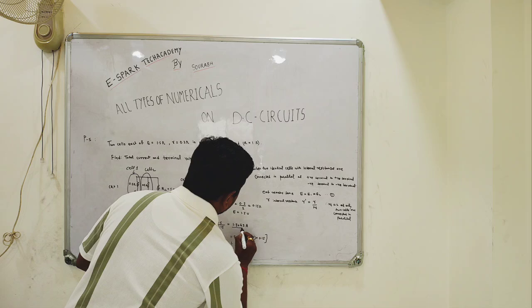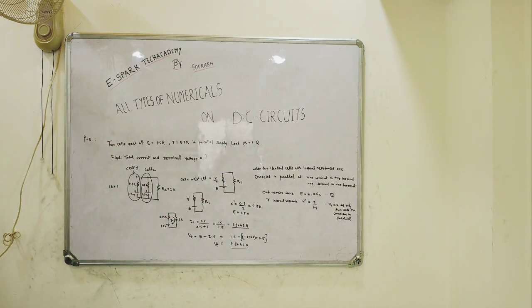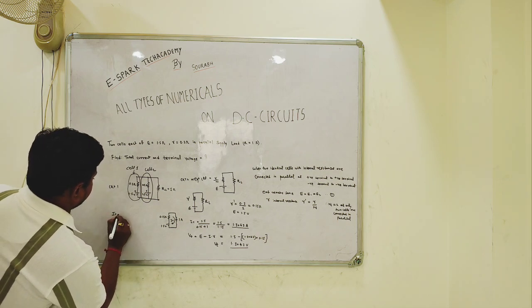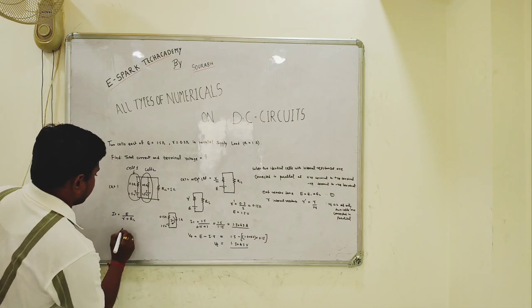Please go through the final answers. These are the final answers. Please note down how I have calculated. I have already shown you the basic formulas which I have been using. IT you can still say is nothing but E divided by small r plus RL.